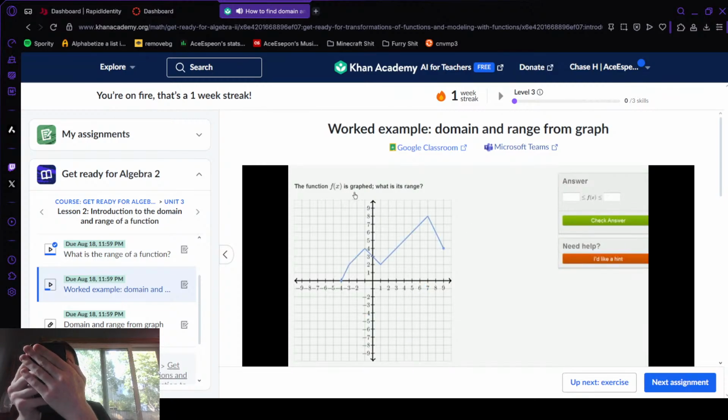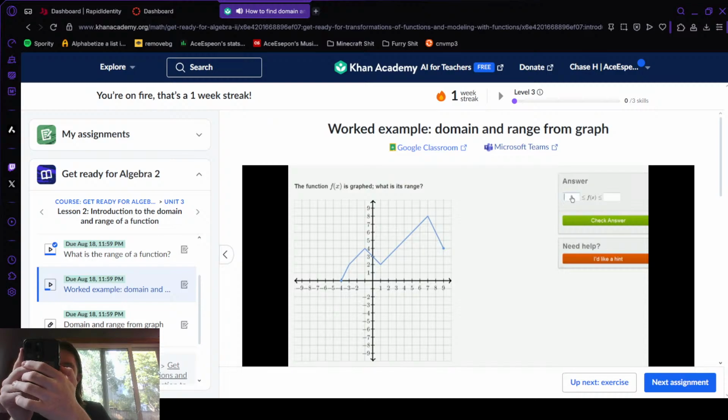The function f of x is graphed. What is its range? So now we're not thinking about the x's for which this function is defined. We're thinking about the set of y values. Where do all of the y values fall into? Well, let's see. The lowest possible y value, or the lowest possible value of f of x that we get here, looks like it's 0. The function never goes below 0.